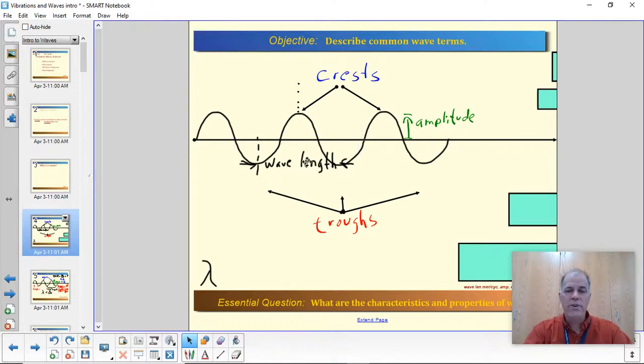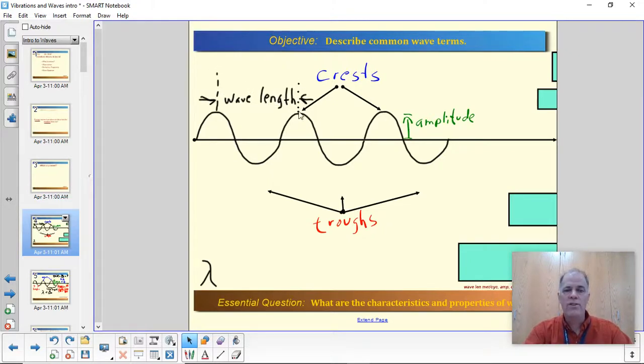And as I showed the first time, it's from where the waveform passes down through the neutral position to where it passes down through the neutral position again. I'm pointing this out because students sometimes think that the wavelength is from here to here or from here to here. It's not. It's a full cycle.